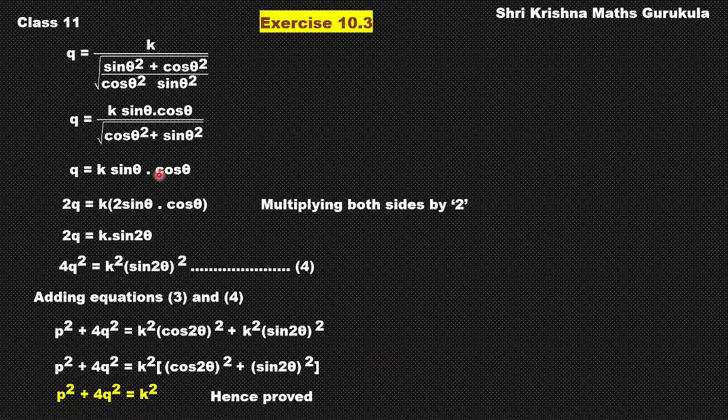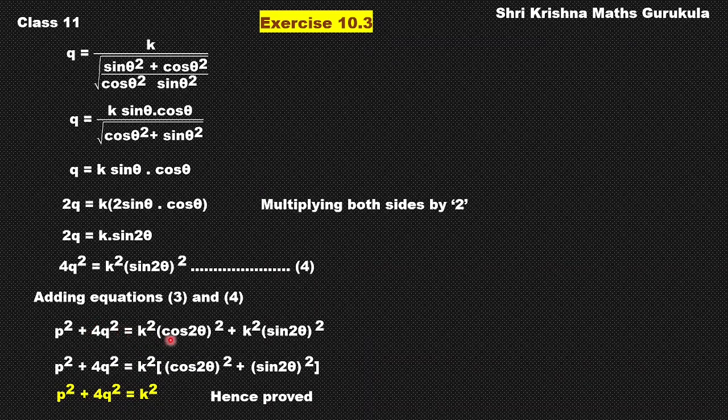So we have squared it and we have added it. What other way we could have done is, we can find p and q and consider the LHS of the given equation. In the question they have given p square plus 4q square is equal to k square, which is what we have to prove. You can consider the LHS part of it, that is, you can consider p square plus 4q square.